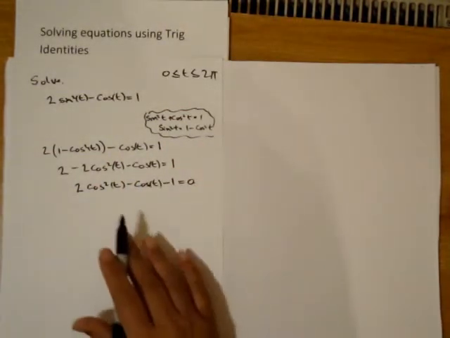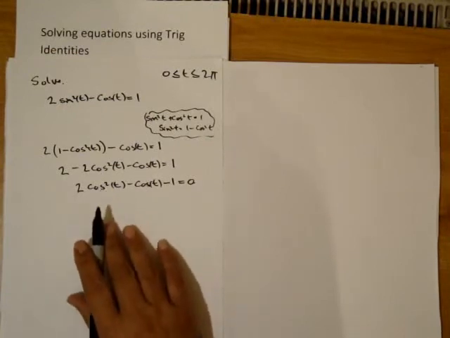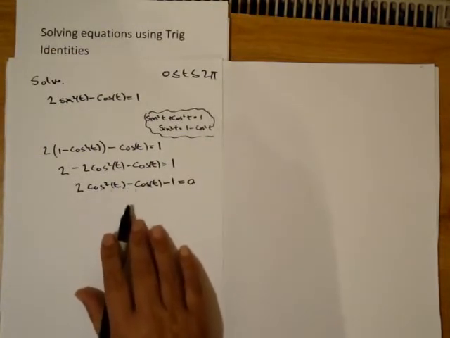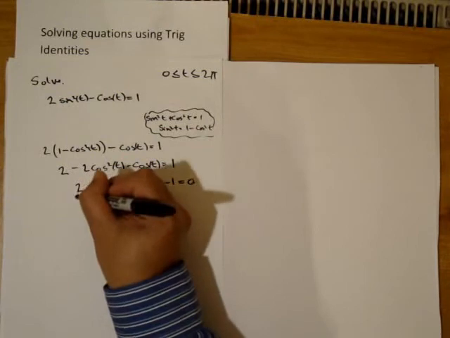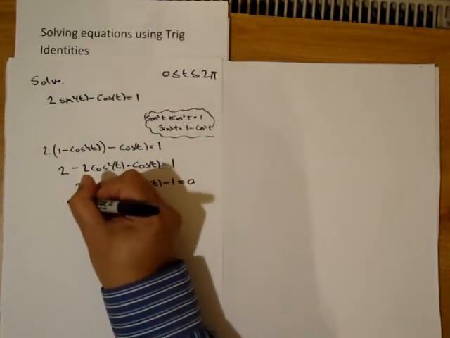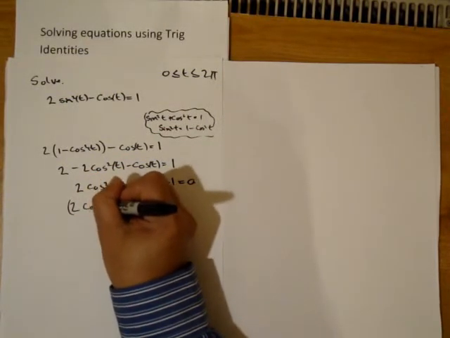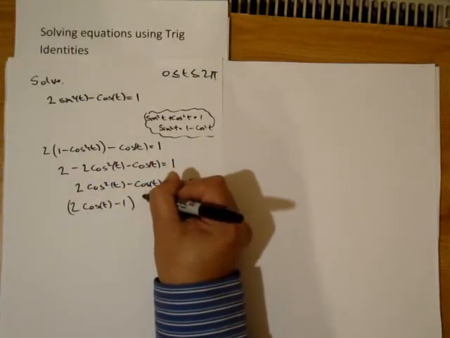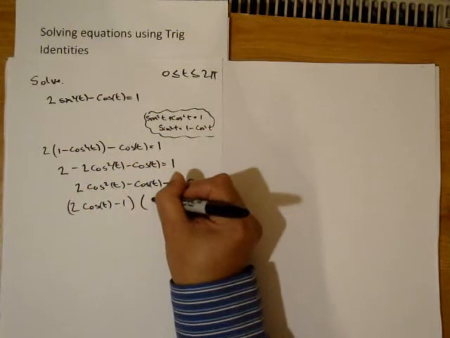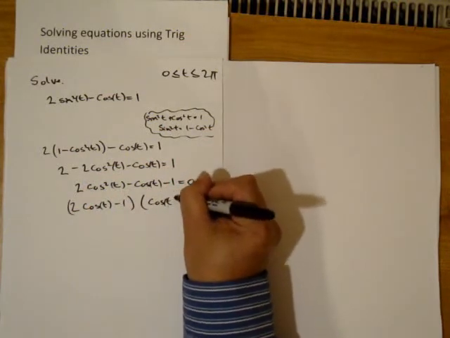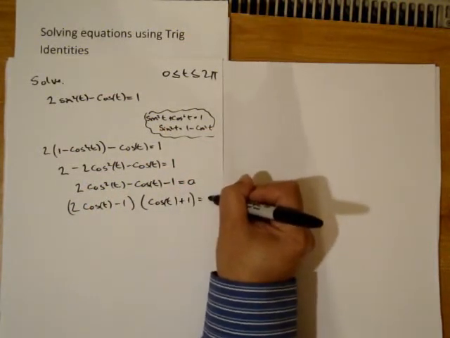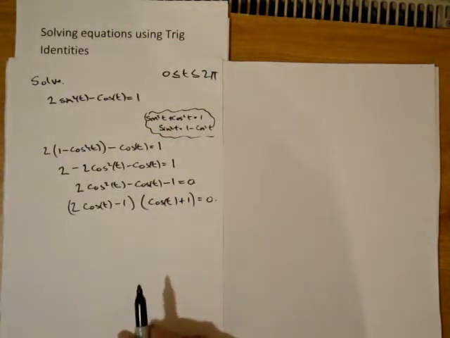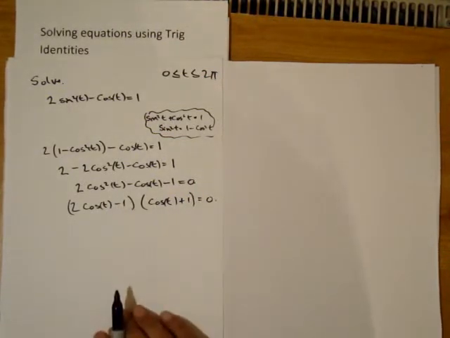So if we solve this like we would solve a quadratic, we could put x instead of cos. We get 2 cos t minus 1, and we get cos t plus 1 equals 0 as our two factors.